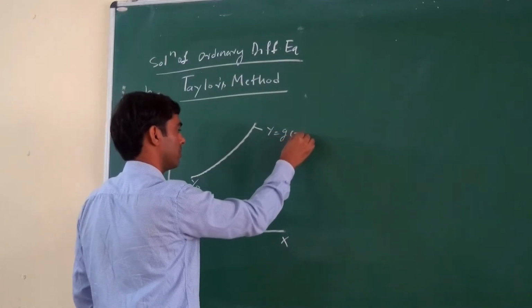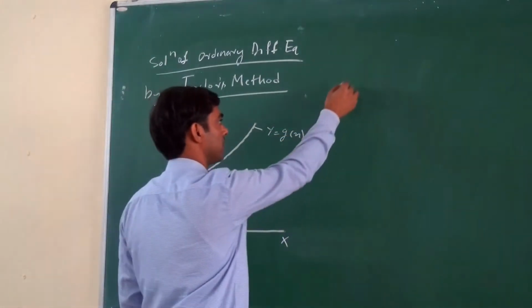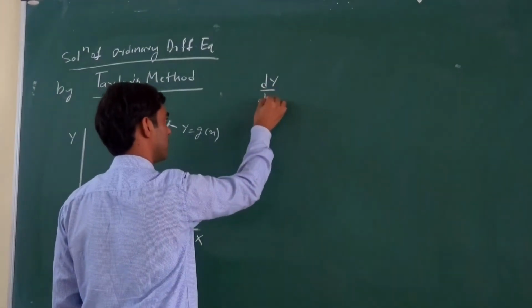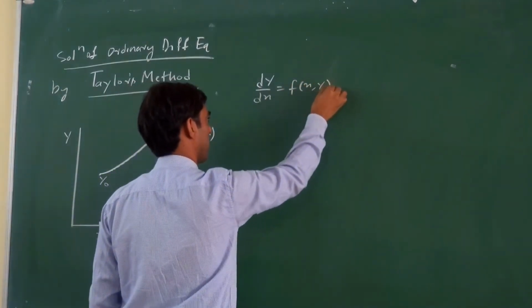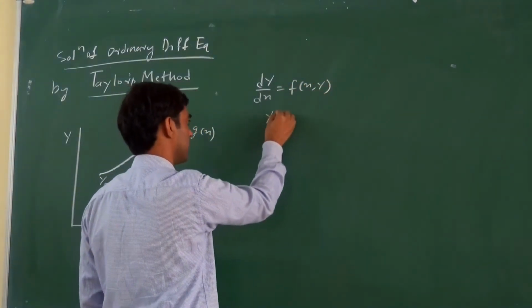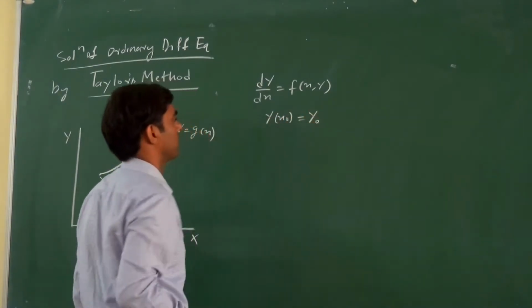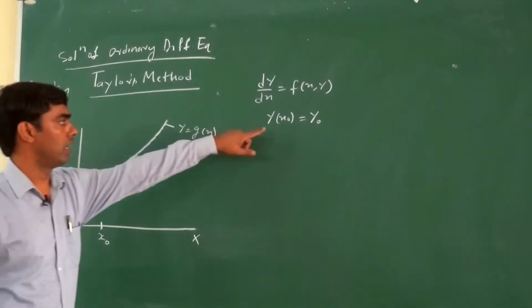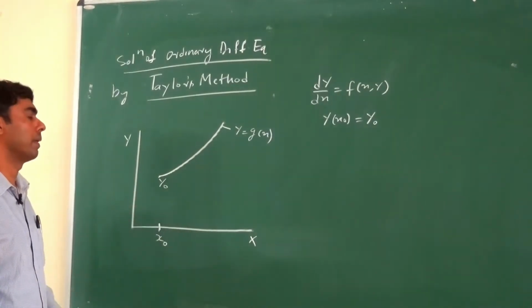To solve a first-order, first-degree differential equation dy/dx = f(x,y), the initial condition is given: y(x0) = y0, which means at the initial point the value of y is given.